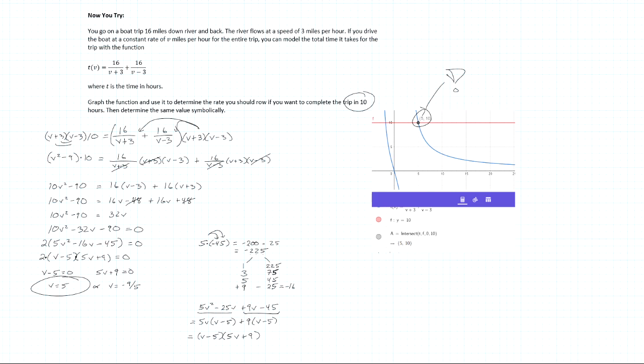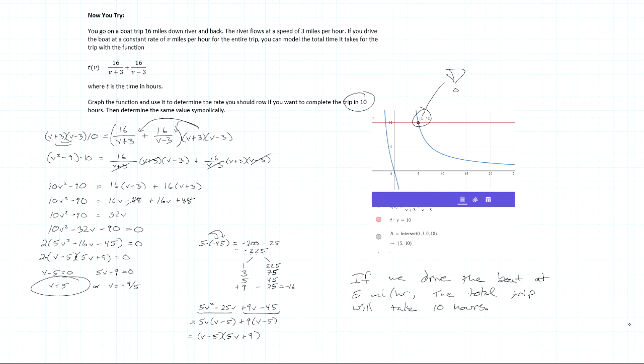And symbolically, we'll now go ahead and write out our conclusion that if we row, or if we drive, this boat has a motor, if we drive the boat at 5 miles per hour, the total trip will take 10 hours.